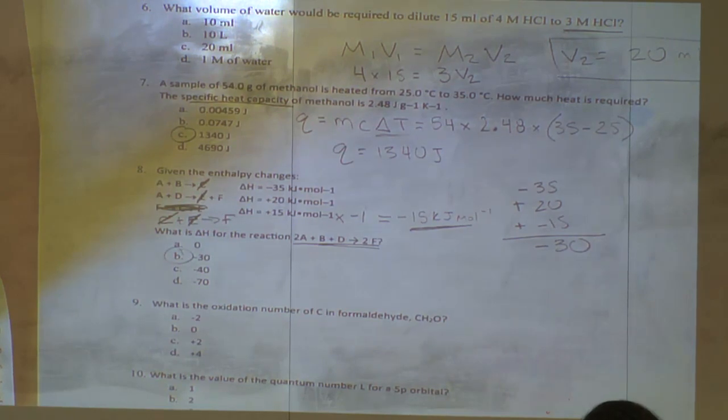No questions? All right. Number 9, what is the oxidation number of the carbon in formaldehyde, which the equation's given to you right there. So go ahead and try that one out. Find the oxidation number. This is back from Chem 1A as well, but it's a very important concept. And if you get an answer, feel free to let me know.